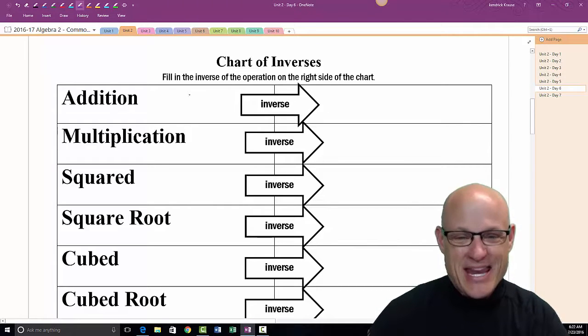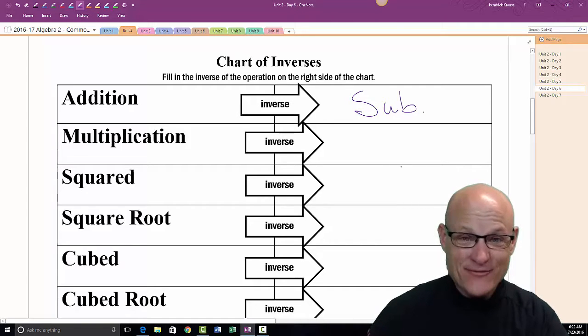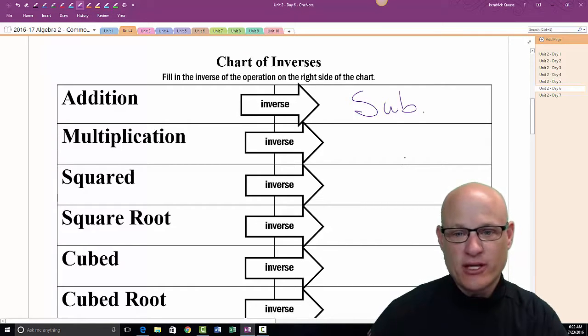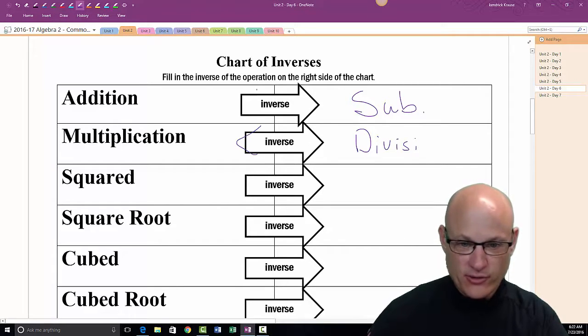What is the inverse operation of addition? Subtraction. What is the inverse operation of multiplication? Now, these should have almost double arrows on these two, because the inverse operation of subtraction is addition.